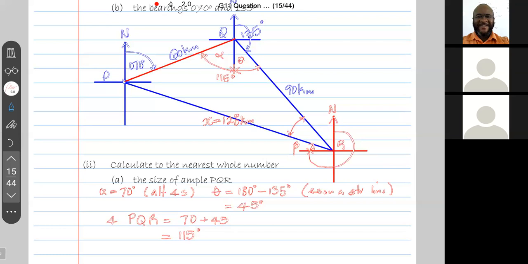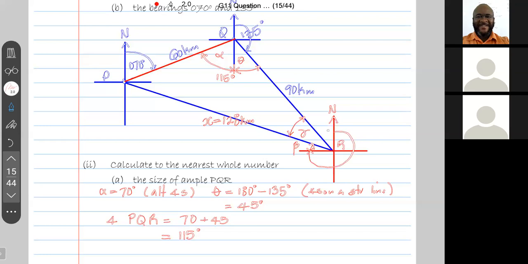Let's call this angle gamma. Now, we just use the cosine rule on this triangle. This is what I think I told Perseus: after you use the cosine rule on a triangle, the next rule you must use on a triangle is the sine rule.